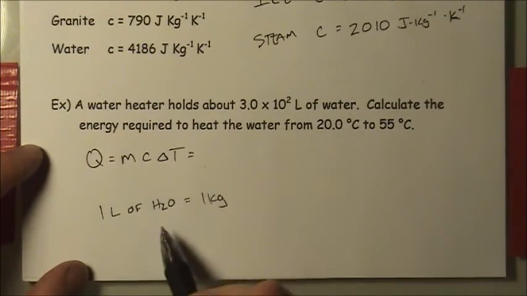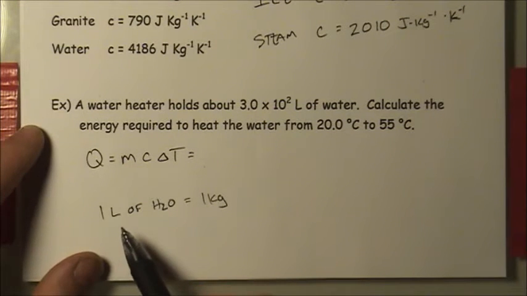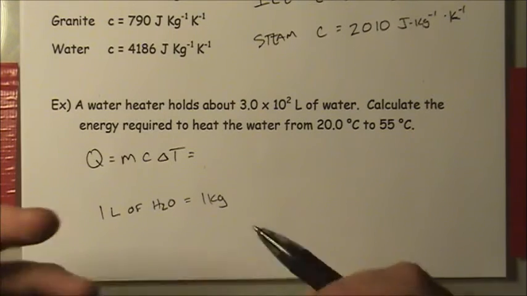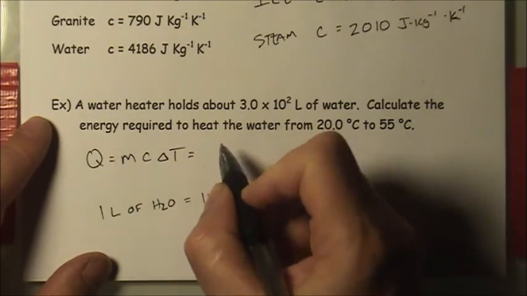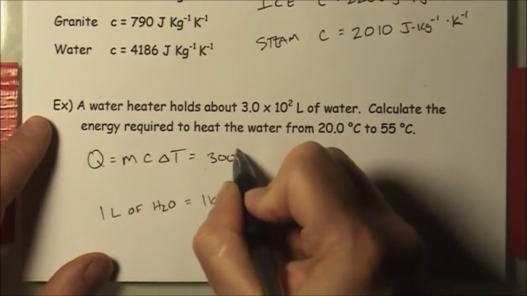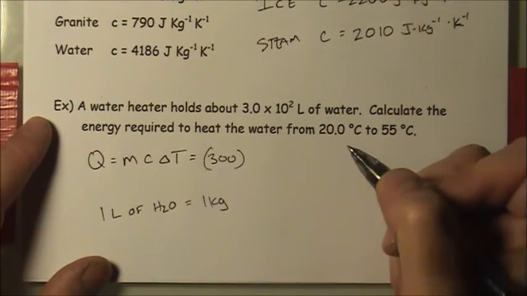So there is a connection that you have to memorize. This is required on the IB exam, that you understand that 1 liter of water is equal to 1 kilogram of water. The mass of 1 kilogram of water would occupy 1 liter of volume. So in this case, where it says 300 liters, I could just as easily say 300 kilograms. So 300 liters of water will have a mass of 300 kilograms.